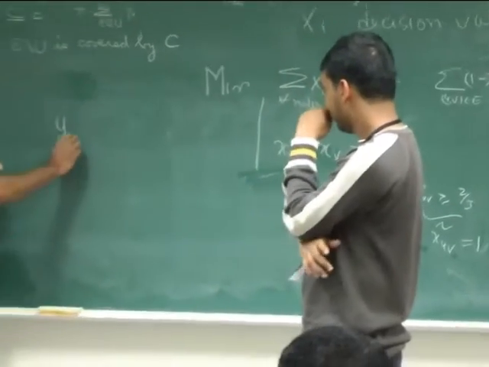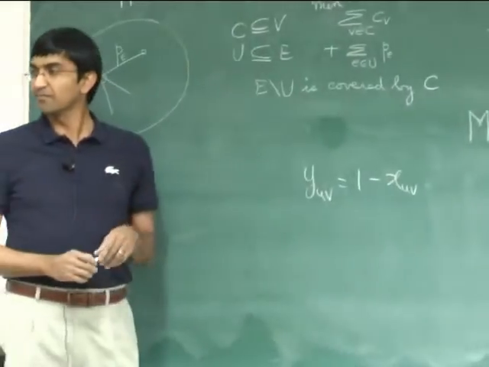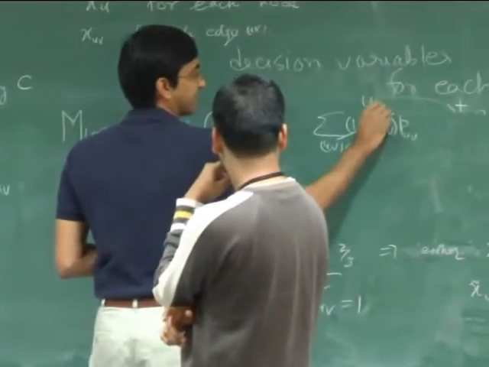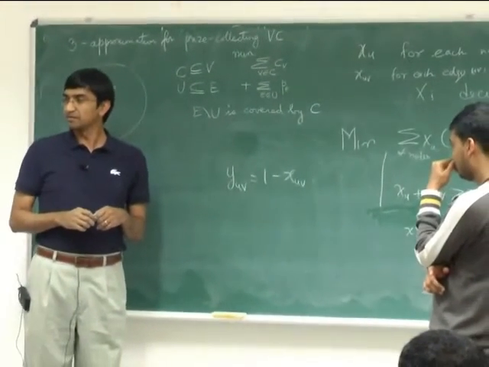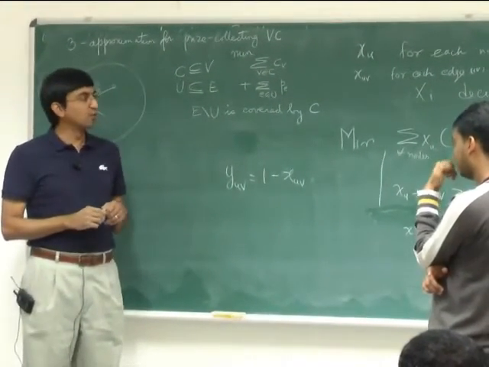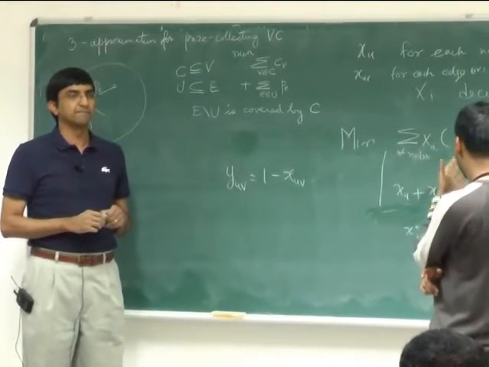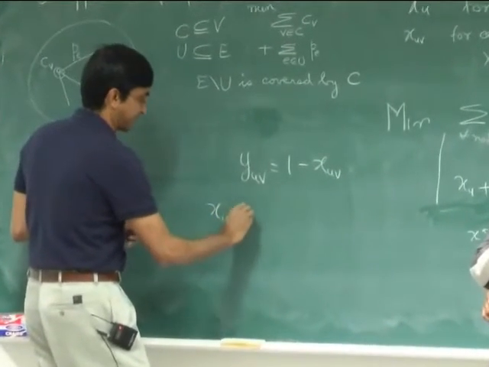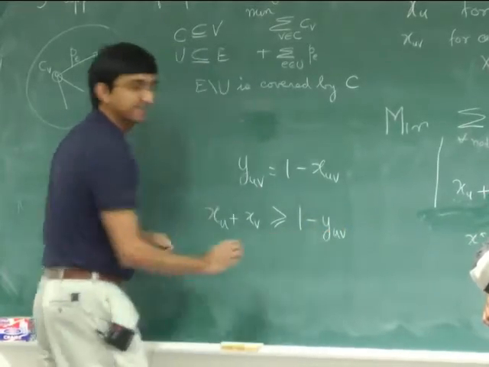Suppose you say YUV is 1 minus XUV. So now what is the constraint relating XU and YUV? It says XU plus XV is greater than or equal to 1 minus YUV.